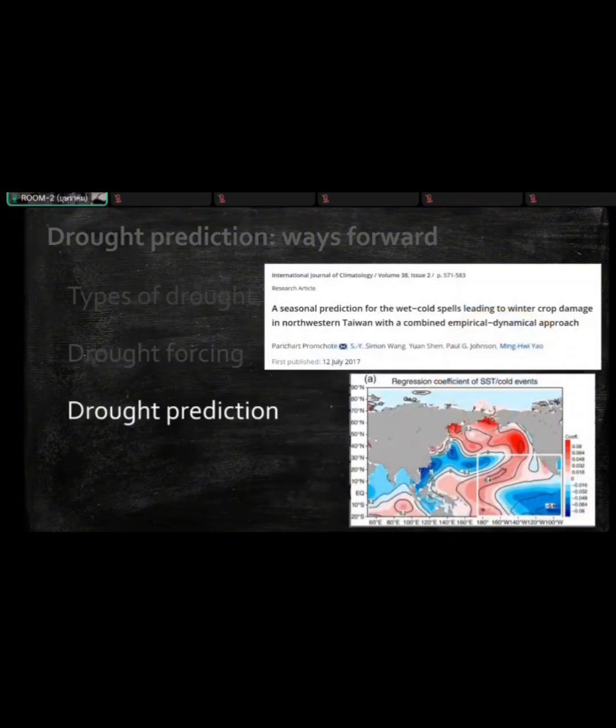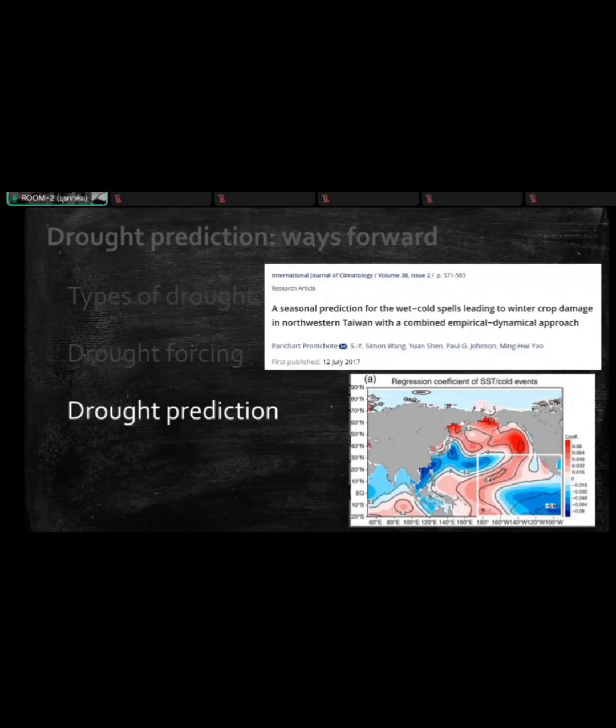Then drought prediction is to utilize computer models, global or regional climate forecast models. Now, I'm showing you an example performed by Azang Noi with the focus in Taiwan, to see that if we use the empirical result to forecast 1 month before, and then the climate models can forecast the SST pattern for another 1 month.